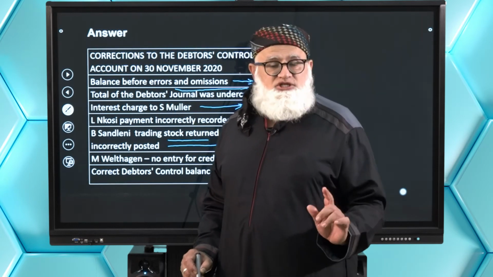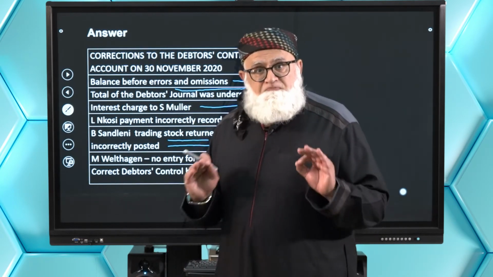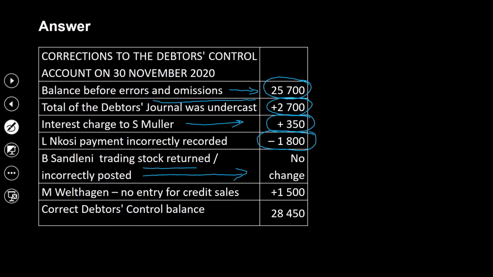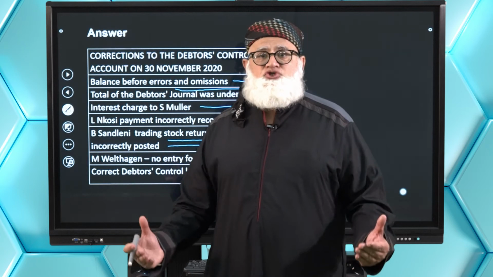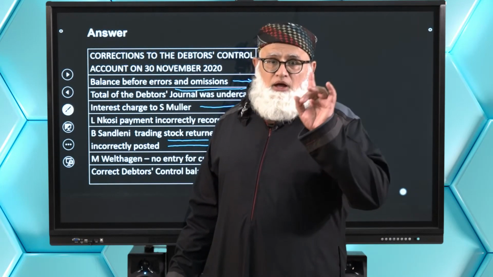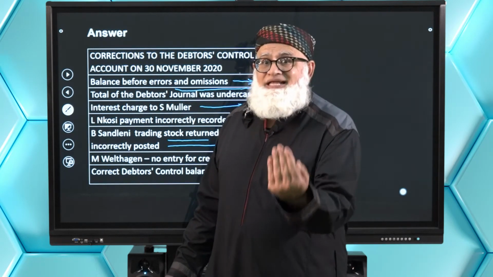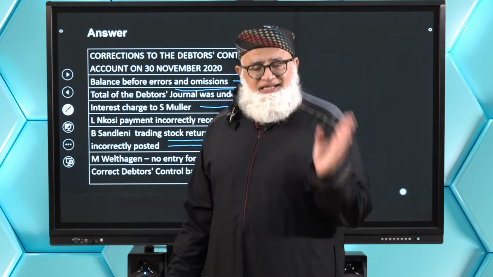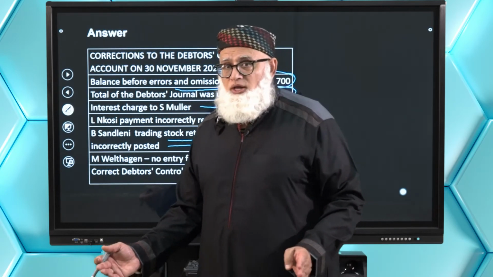In other words, my control account was perfectly in order, and therefore this particular transaction had no impact on my debtors control account because it was correctly posted to my control account. The error was in the debtors ledger and not in the control account.